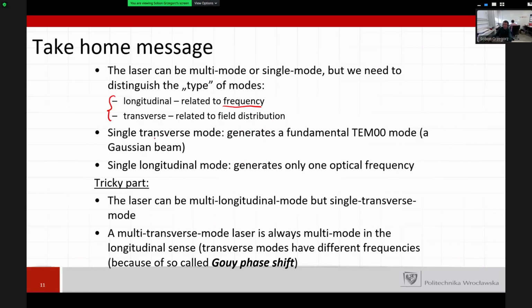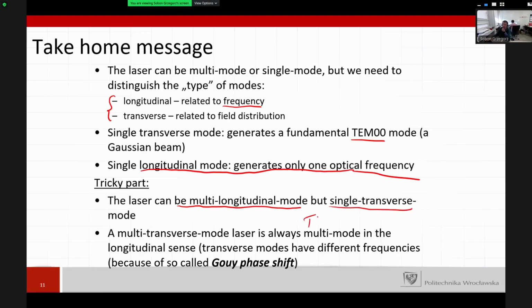A single transverse mode laser will generate a fundamental TEM00 mode, a Gaussian beam, while a single longitudinal mode laser will generate only one optical frequency. So that's important. This might be confusing, but generally a laser can generate many longitudinal modes, so many frequencies, in one single transverse mode.